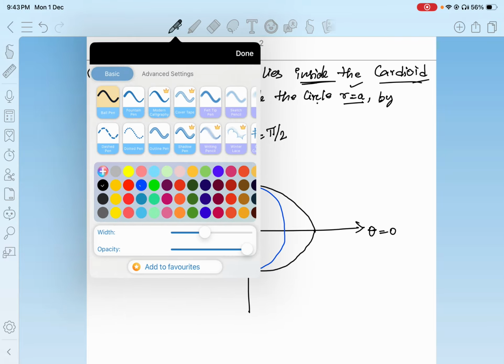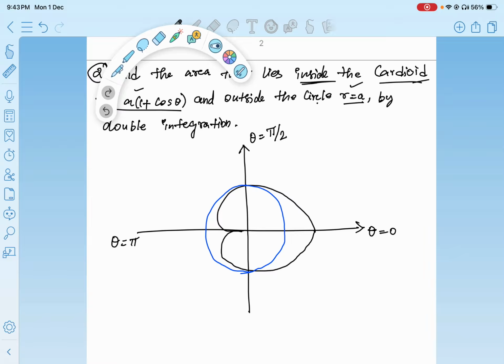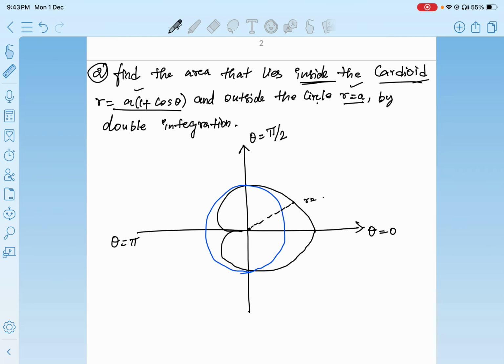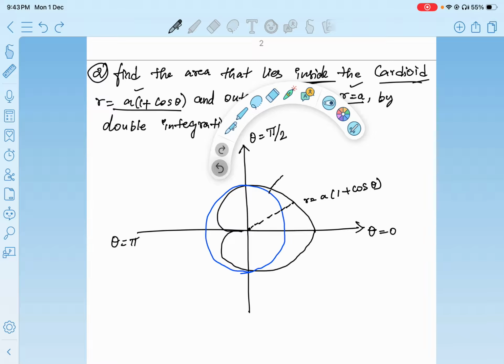Now I am going to mark the radius. From 0 to here, this is your cardioid, so your radius is r equal to a into 1 plus cos theta. The next radius is the circle radius. What is the circle radius given in the question?